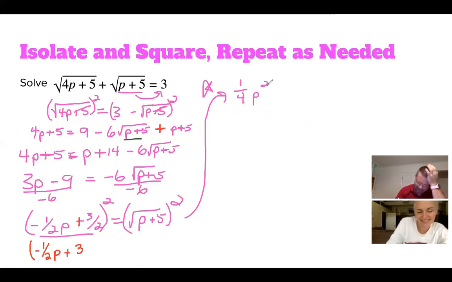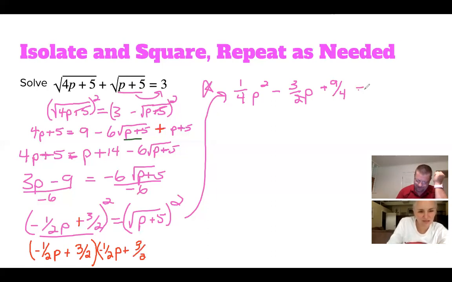That'd be -1.5, so that'd be 3/2. Check my math. And then plus 9/4. I only like fractions when I'm getting half of somebody's Snickers bar.